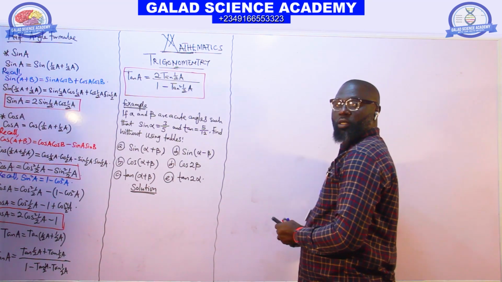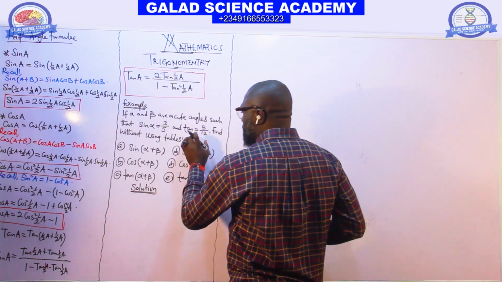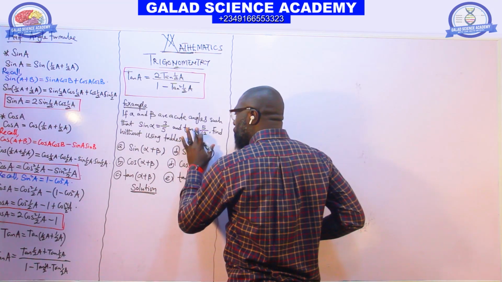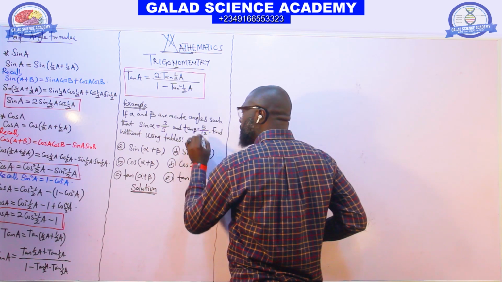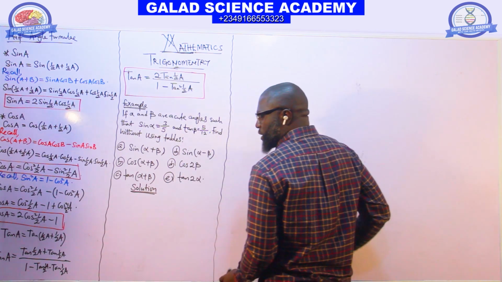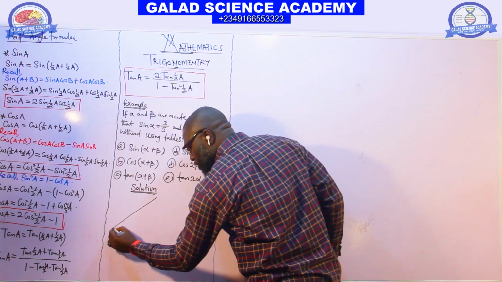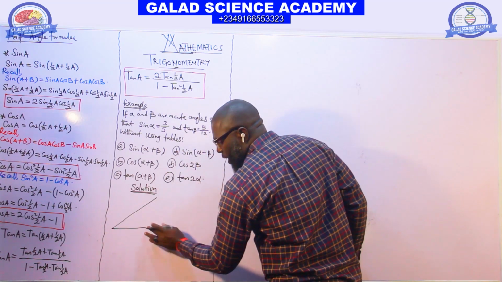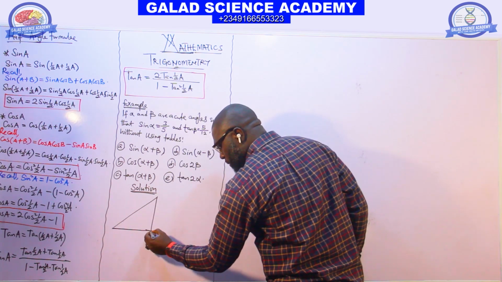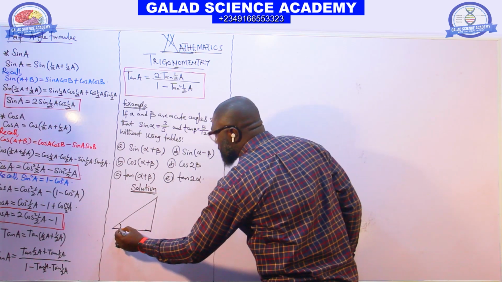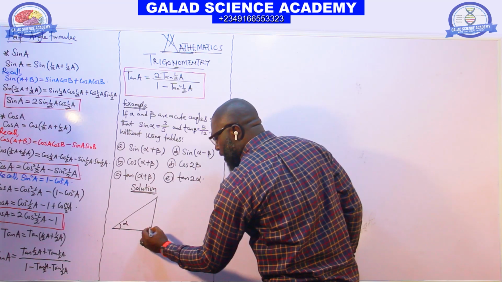For this solution, we are given two angles. One is alpha, one is beta. So for this, we need to draw two triangles in the form of this. This is alpha.